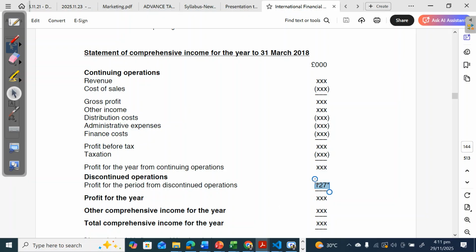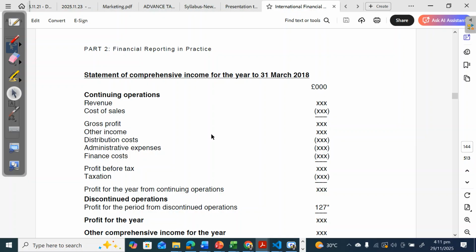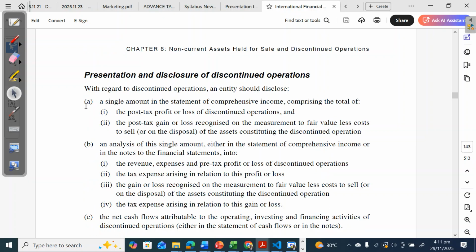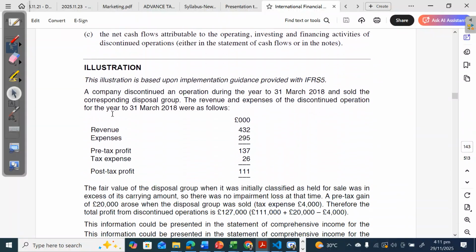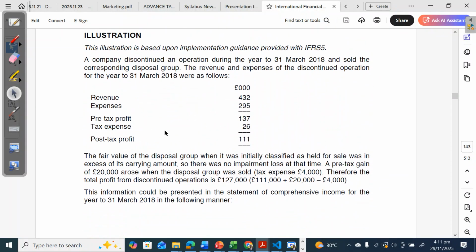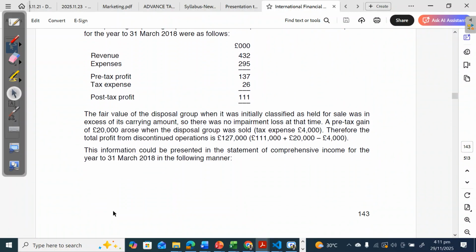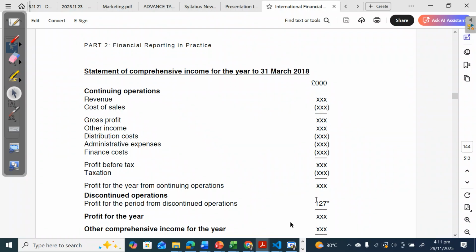Everything is inside. So it's one figure, but it's made up of other figures, about three items. In the notes, you show how you arrived at that 127.